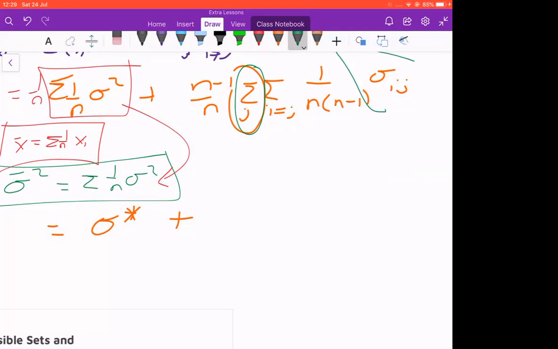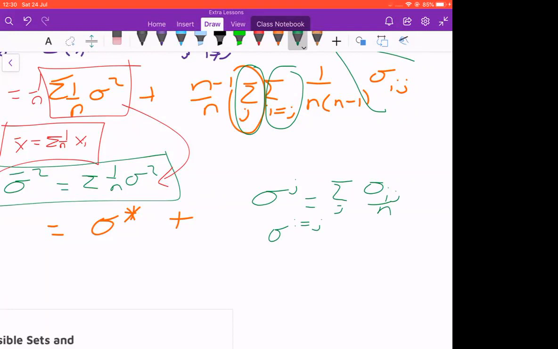The n minus 1 can come outside, and then you will have the expectation of your covariance. This simply means that the expectation over j will be the sum of all the j's of sigma ij over n. This is going to be your expectation first, and then you have another expectation over here, for i not equal to j.